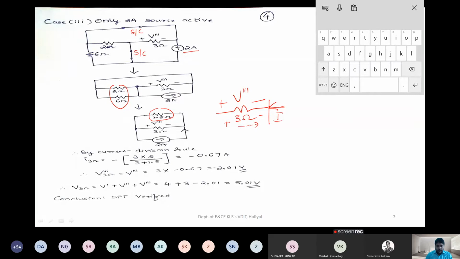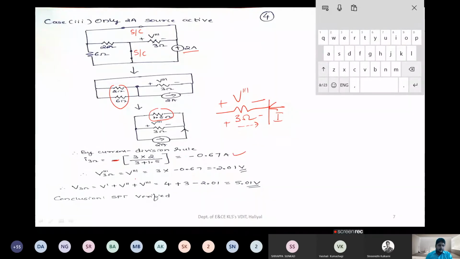Hence while calculating the current through the 3 ohm resistor, you have to use what? Negative sign. Okay. If it is minus plus, no issues, you could have used the positive sign itself. So this condition we have discussed in one of the earlier problems, right? So what you get is this result.